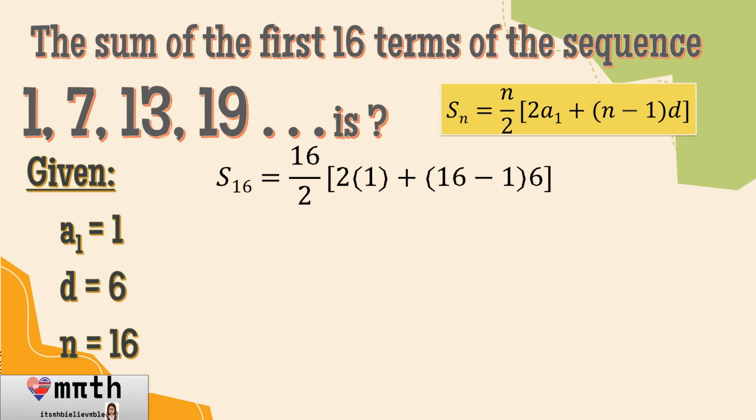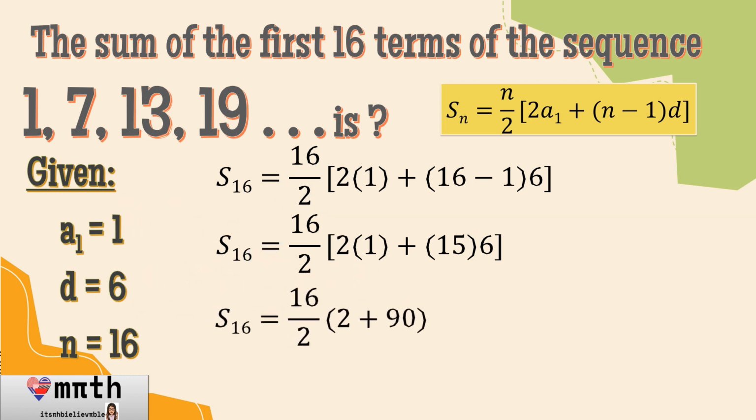Here, we just simplify first the ones that are inside the parentheses. So 16 minus 1 is equal to 15. From there, we can simplify by multiplying the parentheses with the numbers outside of it. That would be 2 times 1, which is 2, and 15 times 6, which is 90. Then we can simplify 2 plus 90, that would be 92.